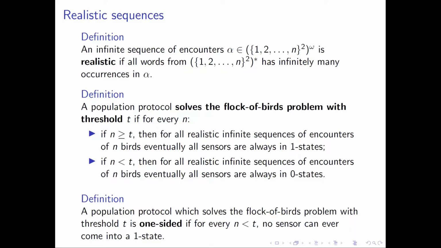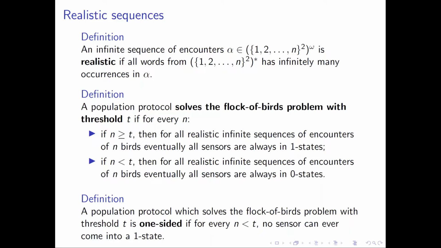And it's called realistic if any finite word over this alphabet has infinitely many occurrences in our infinite sequence. So it's a very weak requirement.